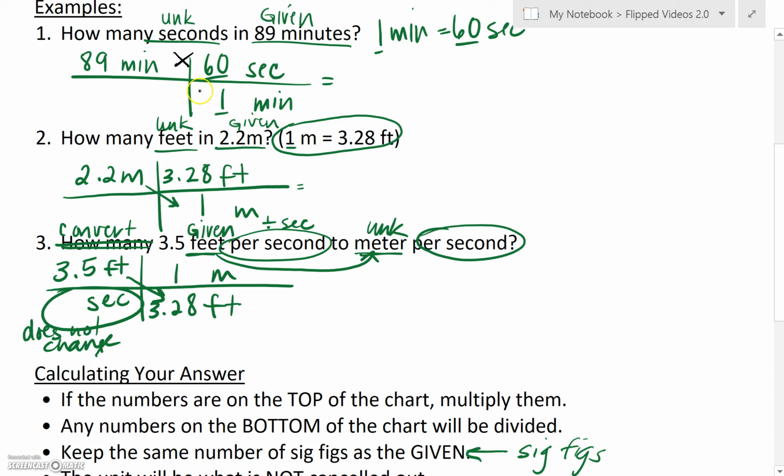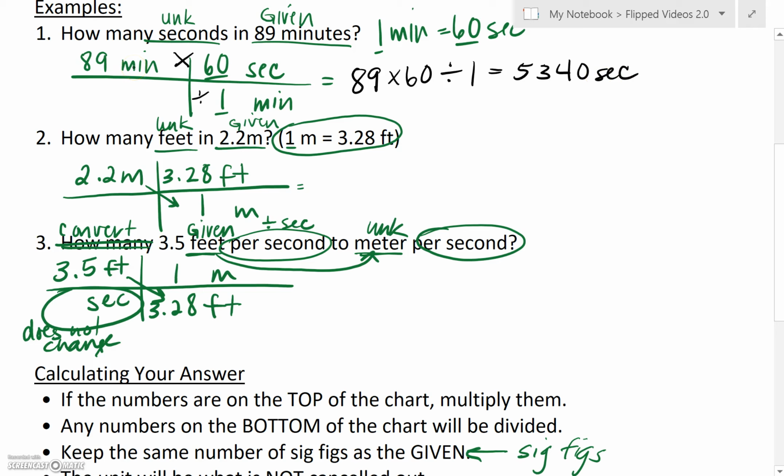If it's on the bottom, I'm going to divide. So the way that this is going to look is 89 times 60 divided by 1. When you put that into your calculator, you will get 5,340 seconds.